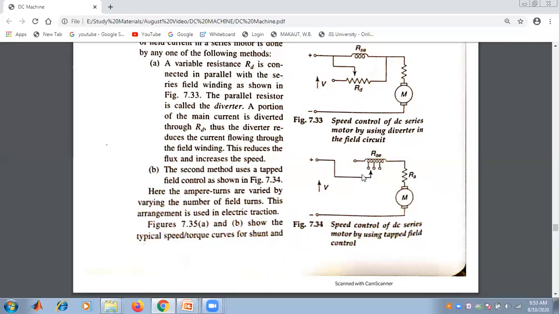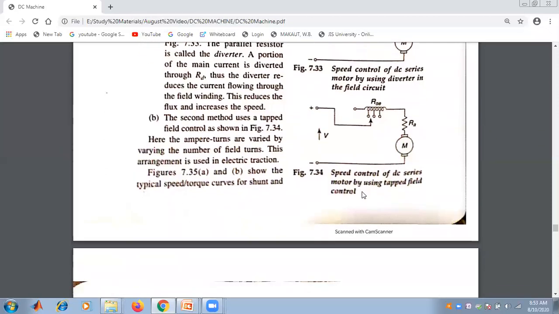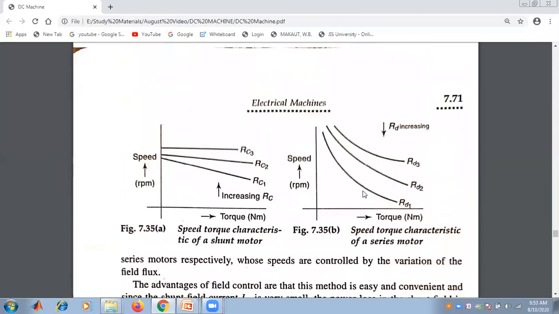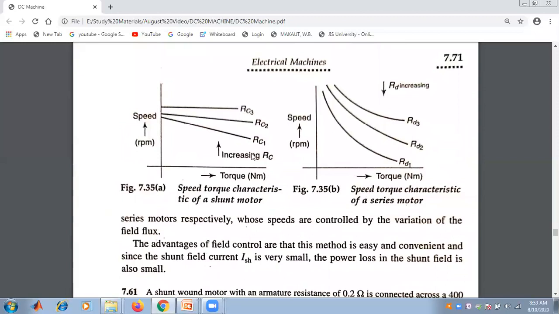This arrangement is generally used in electric traction. So this is the graph for the shunt and the series motor that we have seen.